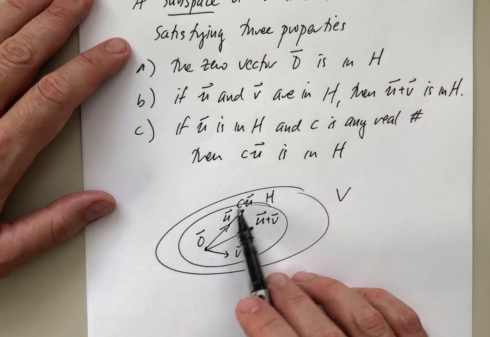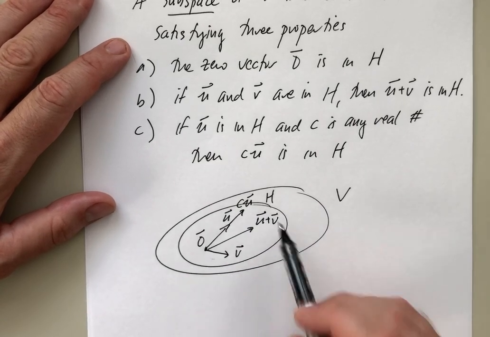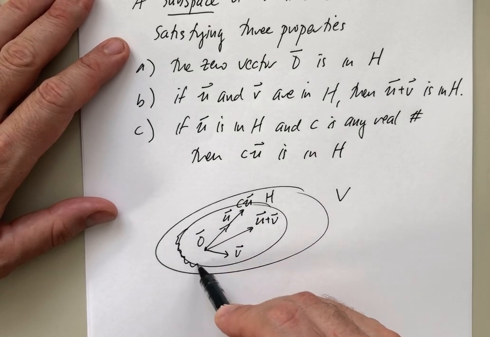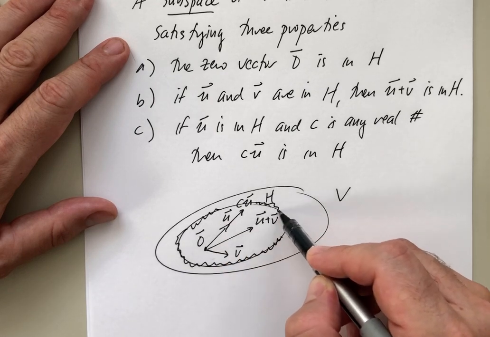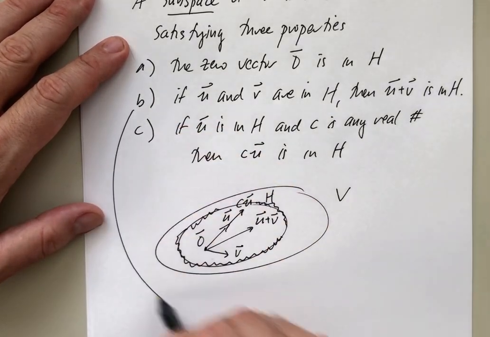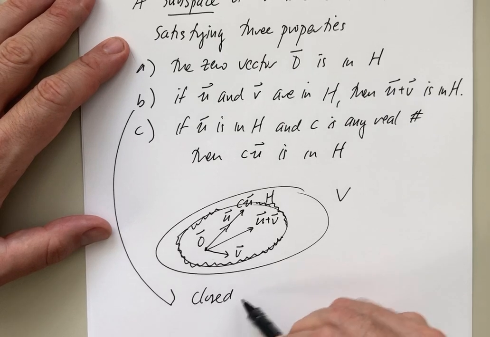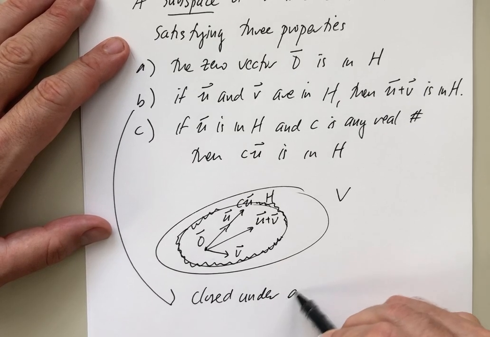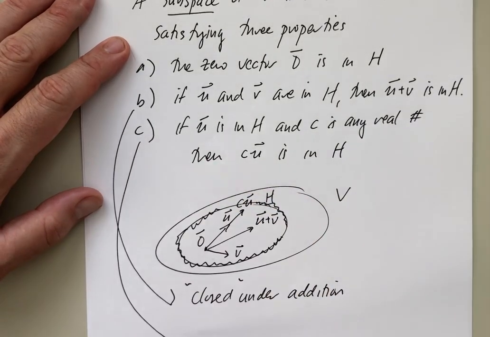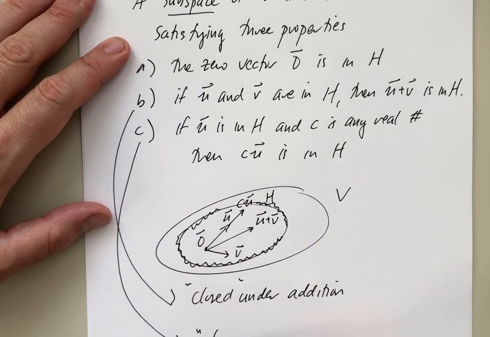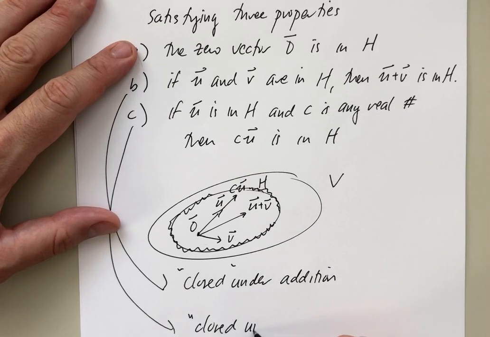But the idea is that when I scale u, I don't leave this world of H. That's why this notion is called closed under addition and scaling, because you stay in the world of H. Let me just say part B is closed under addition, and part C says it's closed under scaling.